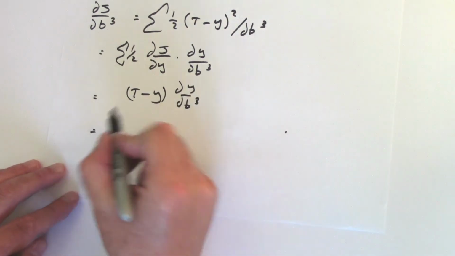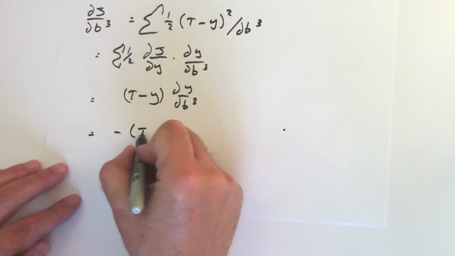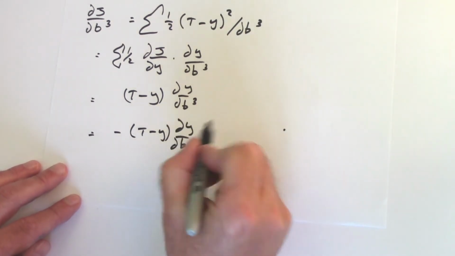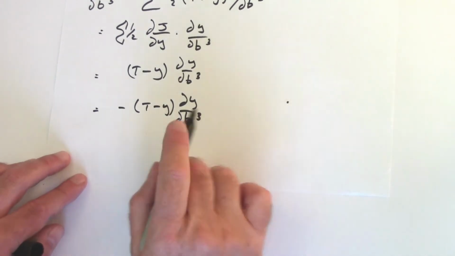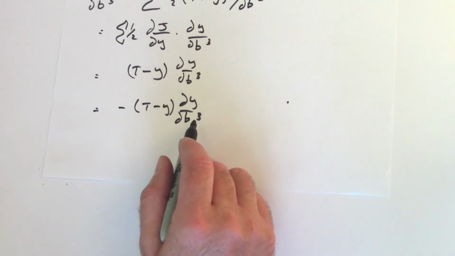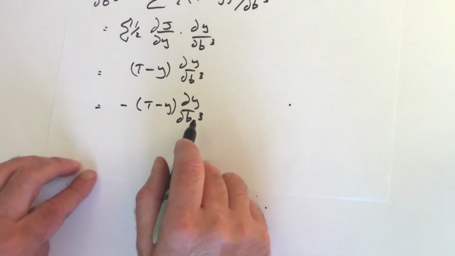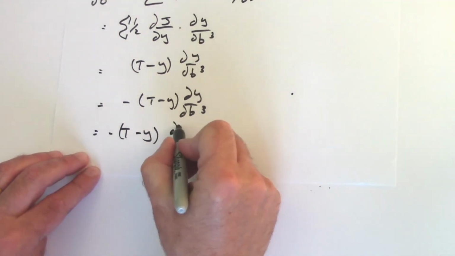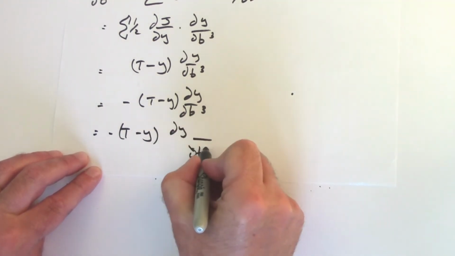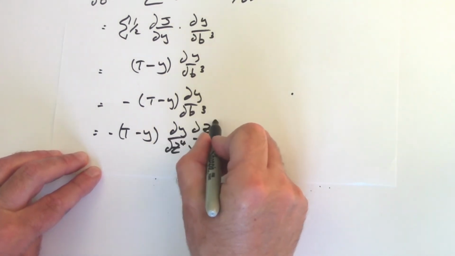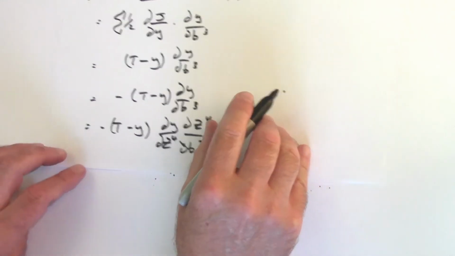That's the inside bit, so we have a negative sign come out the front, and we have dy by db3. Now for dy by db3 we also need to use the chain rule, because our independent variable here is z4 like last time, so that equals minus (t minus y) dy dz4 by dz4 db3.